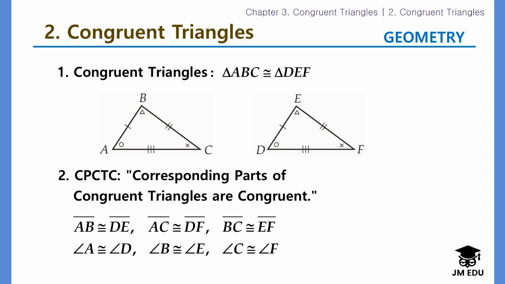Also the sides, AB is congruent to DE, BC is congruent to EF, AC is congruent to DF.